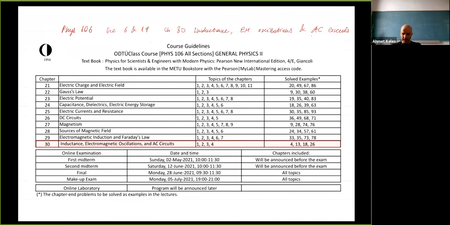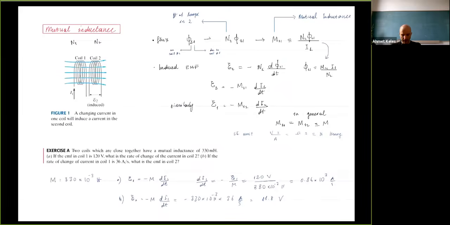And let me just repeat what we said yesterday. Yesterday, we talked about mutual inductance. Basically, if you have two coils next to each other, then you pass a current from the first coil, the change of flux in the second coil will induce an EMF. And we describe it in this form.